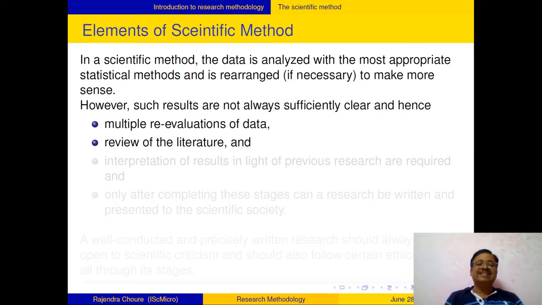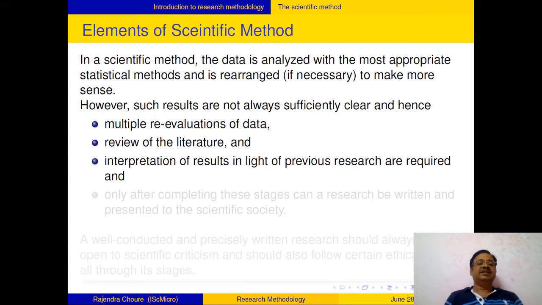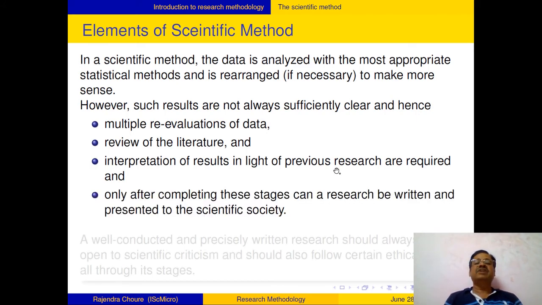Then that data will be tested using a review of the literature. If precedents are there, then that data will be confirmed. If precedents are not there, then re-evaluation of data can be done. Then interpretation of results in light of previous research is required. Only after completing these stages, a research can be written and presented to the scientific society, and communicated to the population.